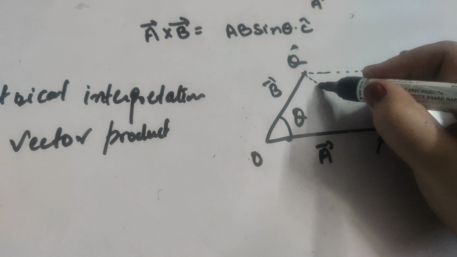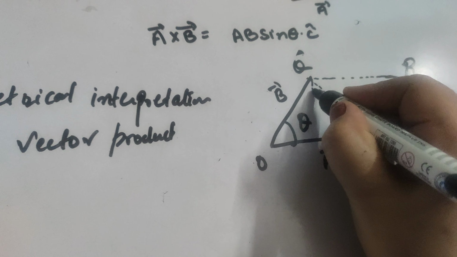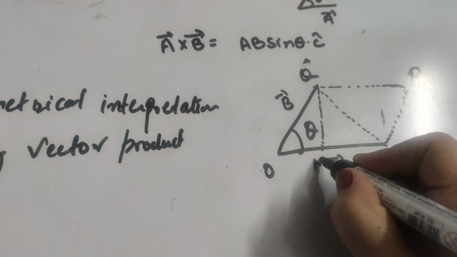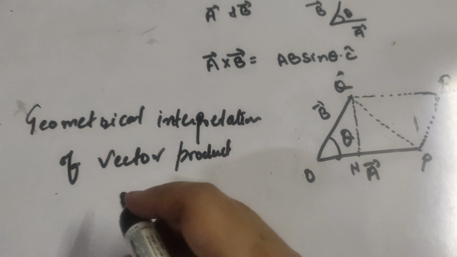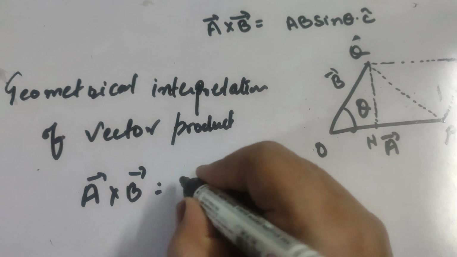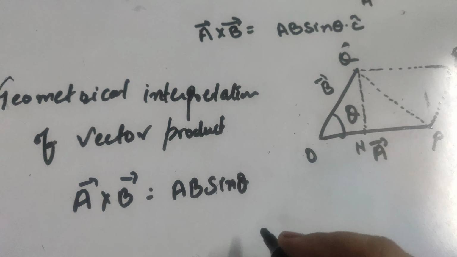So let this line joining be QP, and let us draw a perpendicular over the vector A, which is represented by N, right? Now A cross B is written as AB sine theta, right?